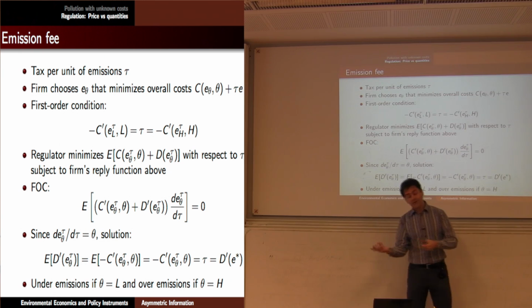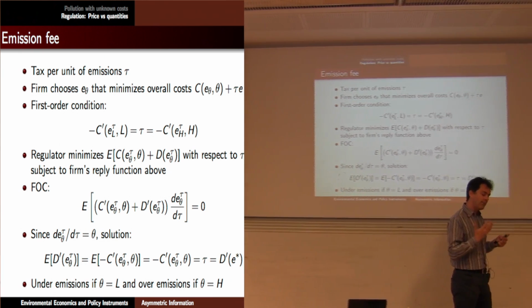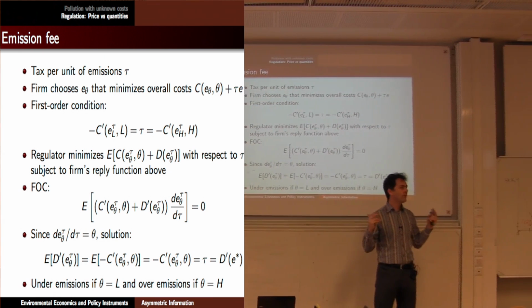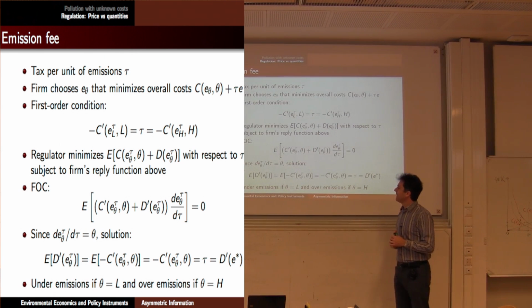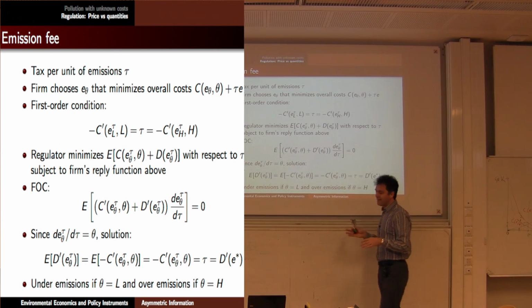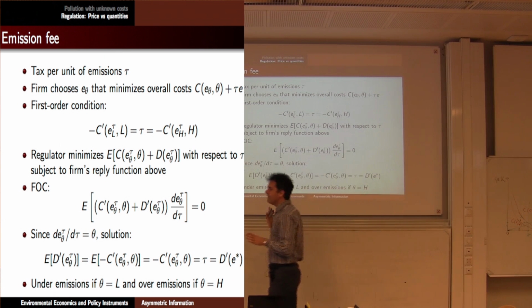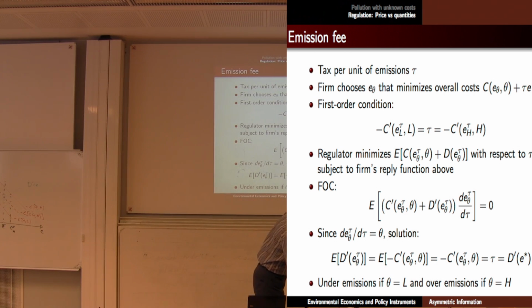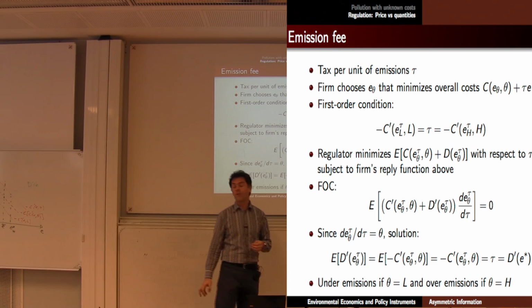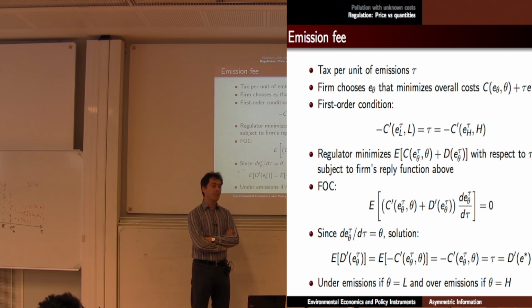Okay, now suppose that instead of setting a cap on emission, which is called the quantity regulation in Weitzman's terms. By the way, this famous result is derived from a famous paper by Martin Weitzman, which was published in '74.